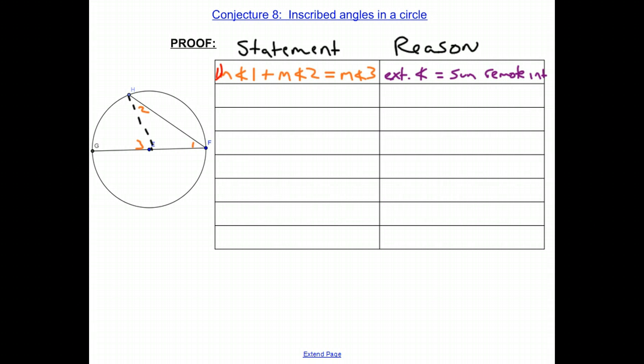So there we have step 1, which says that angle 1 plus angle 2 is going to equal angle 3. And we remember this because the exterior angle in a triangle is going to be equal to the sum of the remote interior angles. Okay, so here we have angle 2 and angle 1 are the remote interior angles, right? And then we have angle 3 over here.